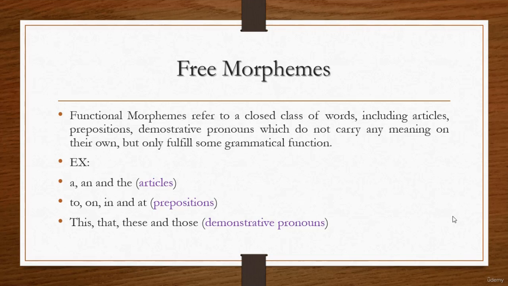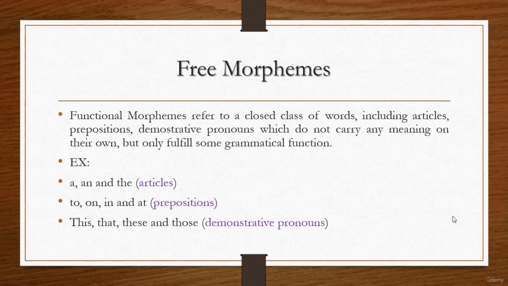They can stand alone. It's not like a bound morpheme. If I tell you a, to, this, they can stand alone, but they lack meaning. The difference between lexical and functional is that lexical has meaning, but functional morphemes only have some grammatical function.